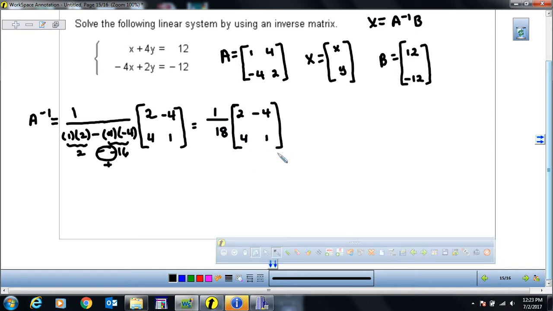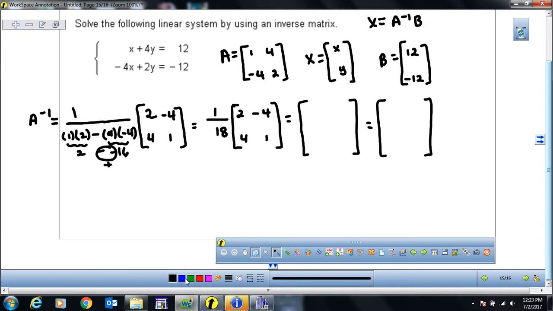So if I multiply them, let's see what we're going to get here. So 2 times 1, it's going to be 2 over 18. We can simplify it, we can reduce it to 1/9. Negative 4 times 1, it's negative 4 over 18.